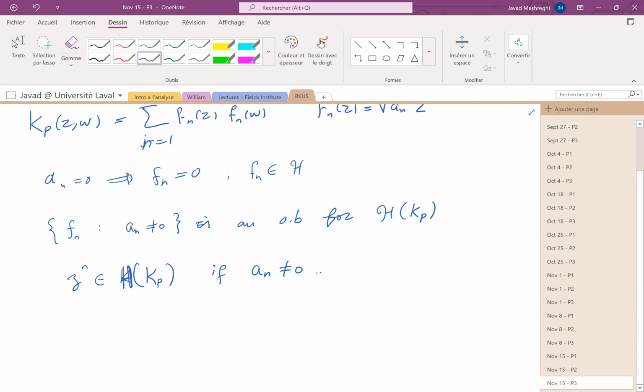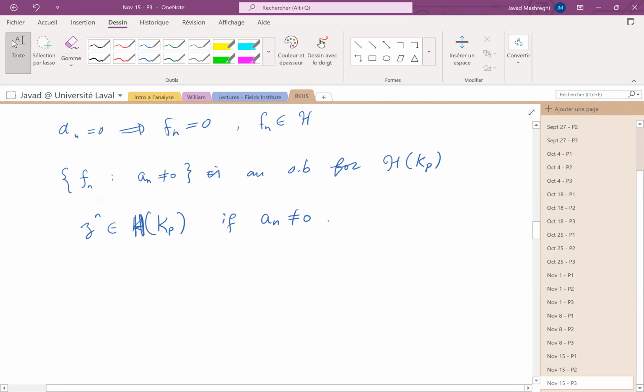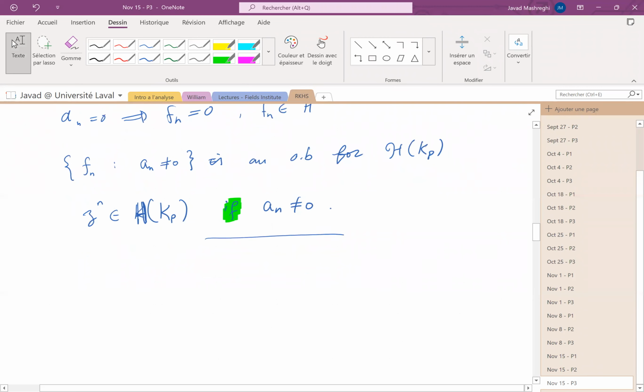So that's the way we can create a function space. It's not trivial. It needs a little bit of work here to replace this if by if and only if. In other words, it's bidirectional. It's a bit of work. It's not trivial, but I don't need it here.